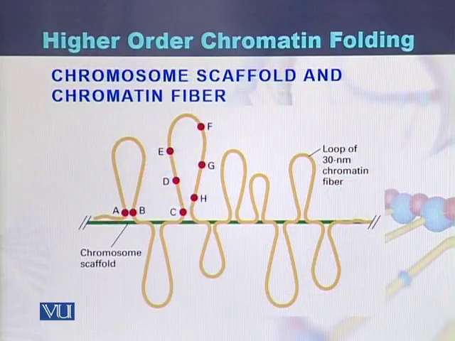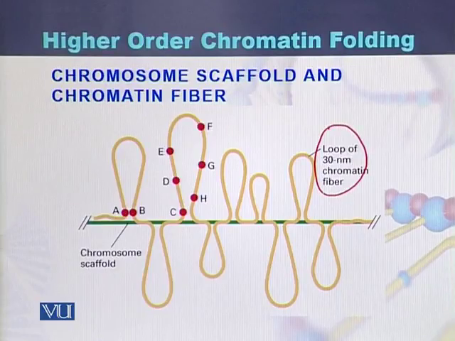This is actually the 30 nanometer chromatin fiber, which was formed by joining the nucleosomes with each other. Once that chromatin fiber is produced, it forms the chromosome scaffolds.